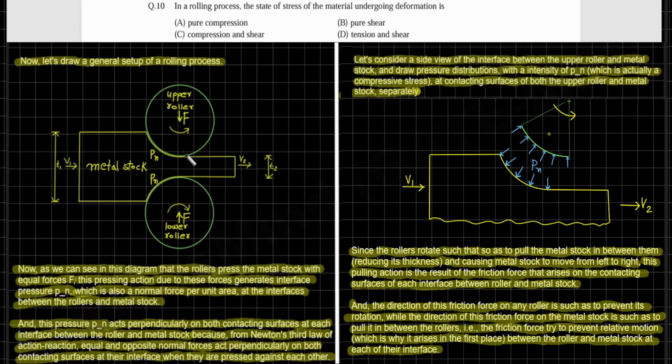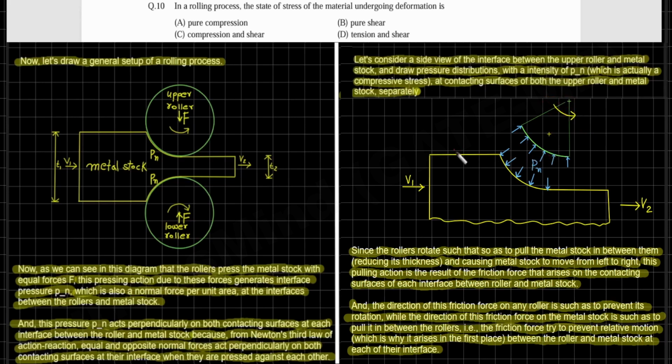Therefore, to prevent the relative motion at each interface between the metal stock and the rollers, the friction force on the upper roller must act in this direction, in the direction opposite to that of its rotation.